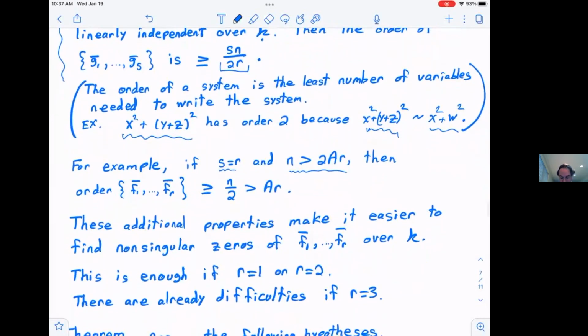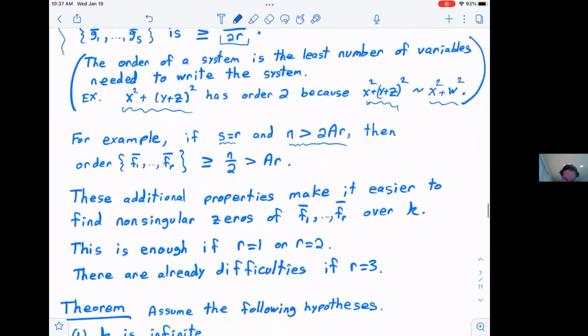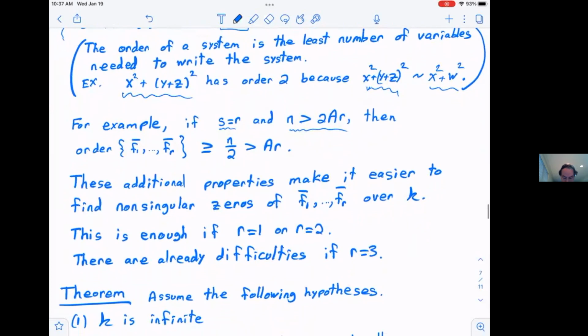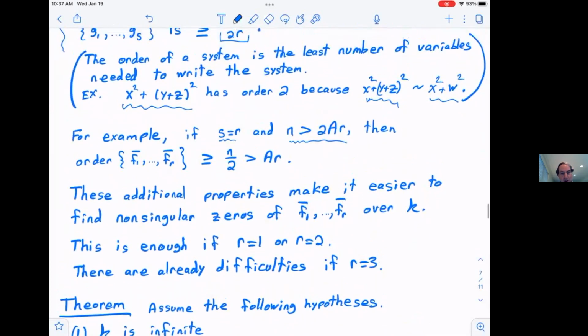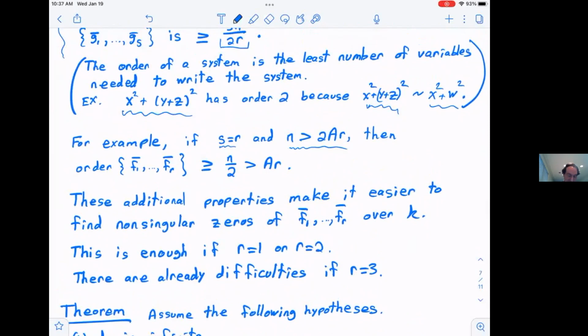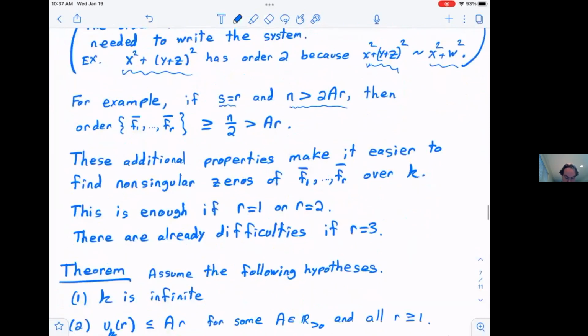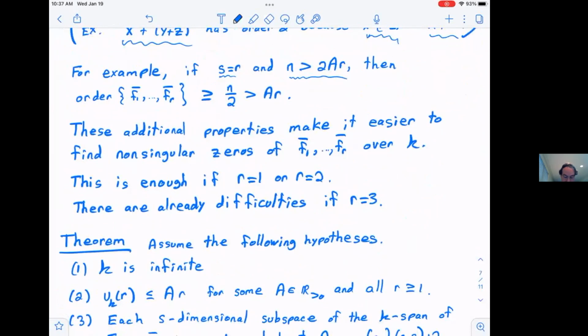There are already difficulties if R equals 3. The work of Birch and Lewis in the mid-1960s certainly illustrated that. But now I'm getting to newer material. Here's something that can be done.